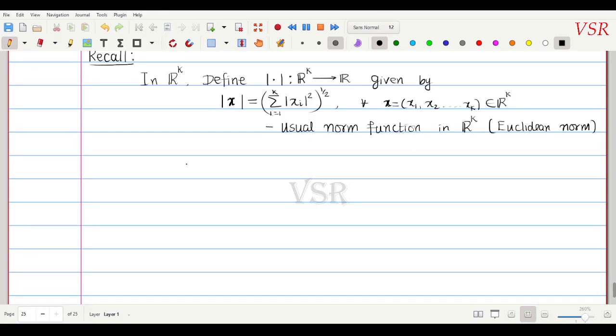And we can define d. இதெல்லாமே நீங்க வந்து BSc ல படிச்சிருப்பீங்க.